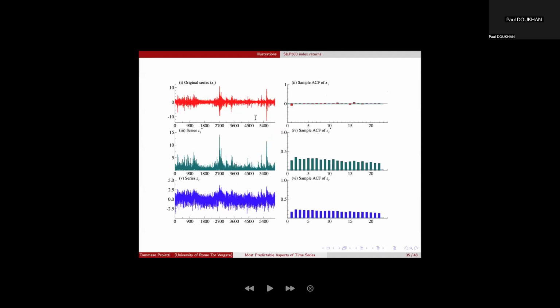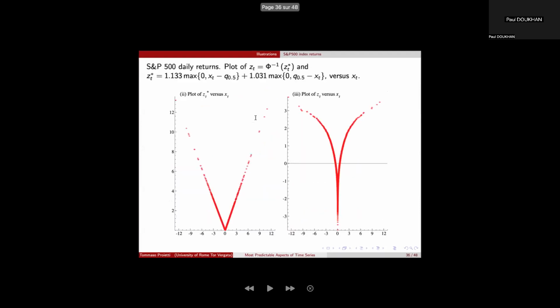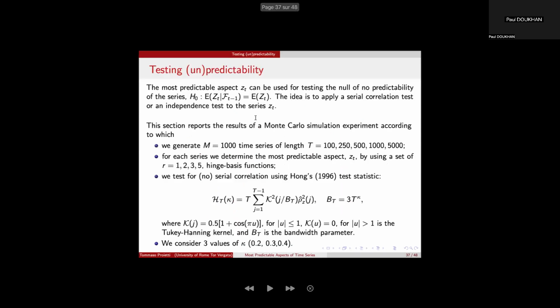And the normalizing transformation will be this. That's the plot of ZT star, the linear combination of the two basis functions, and this is the plot of ZT versus XT. That's the transformation that I'm using.